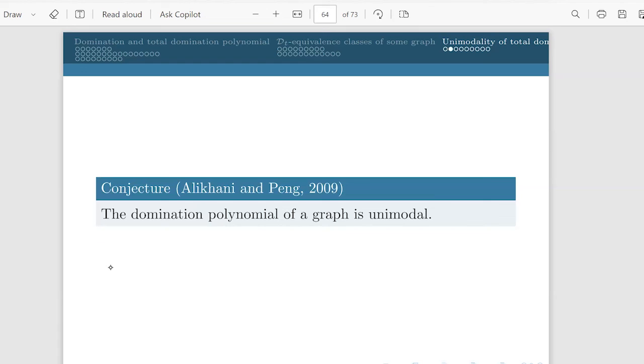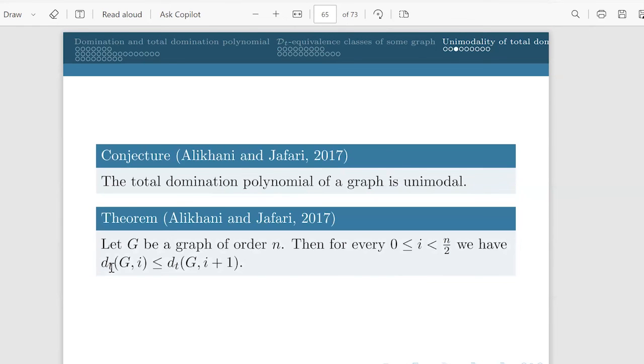I think more than 10 papers have been written by very good researchers on this conjecture, and I think the conjecture will be solved soon, and many nice results about this unimodality have been published in journals. And we also have the same conjecture for the total domination polynomial, that says the total domination polynomial of a graph is unimodal.